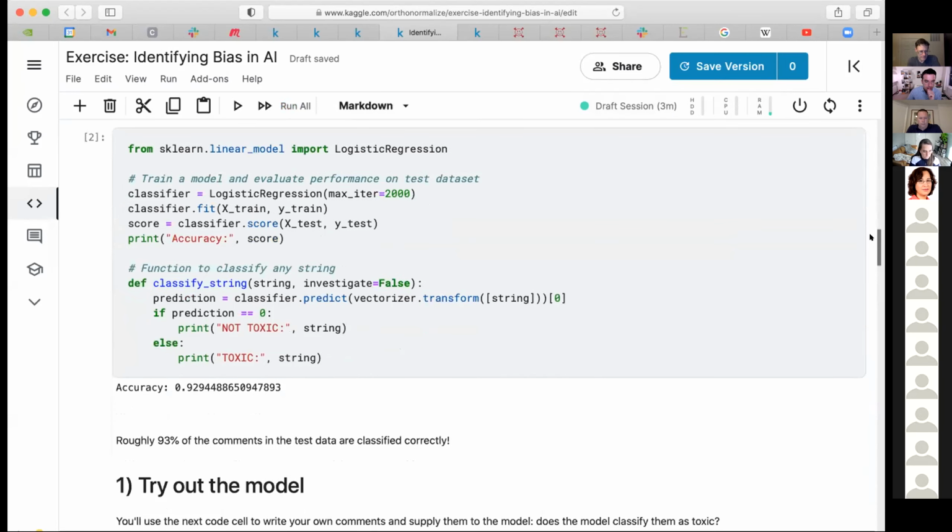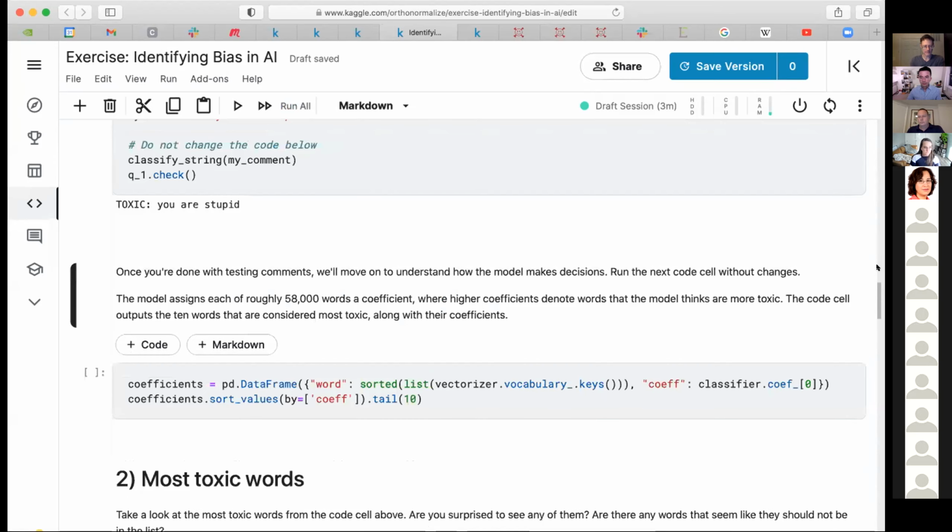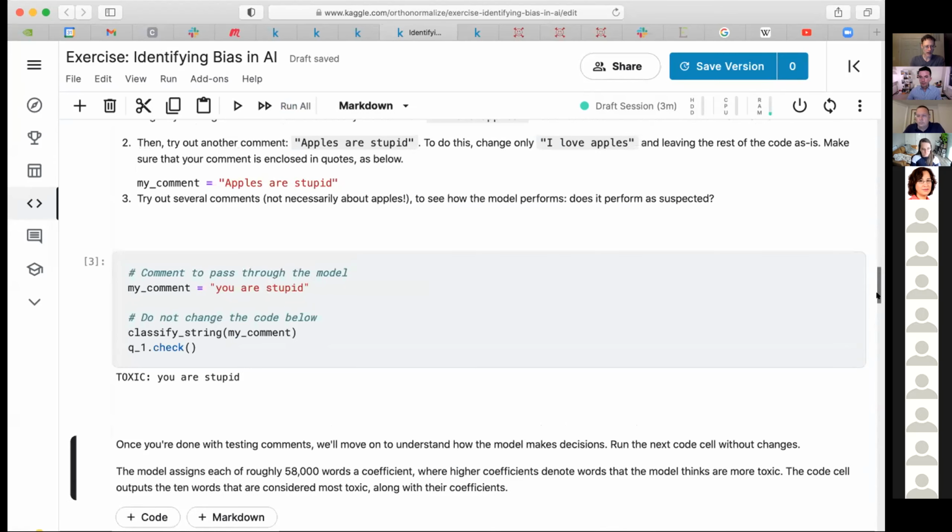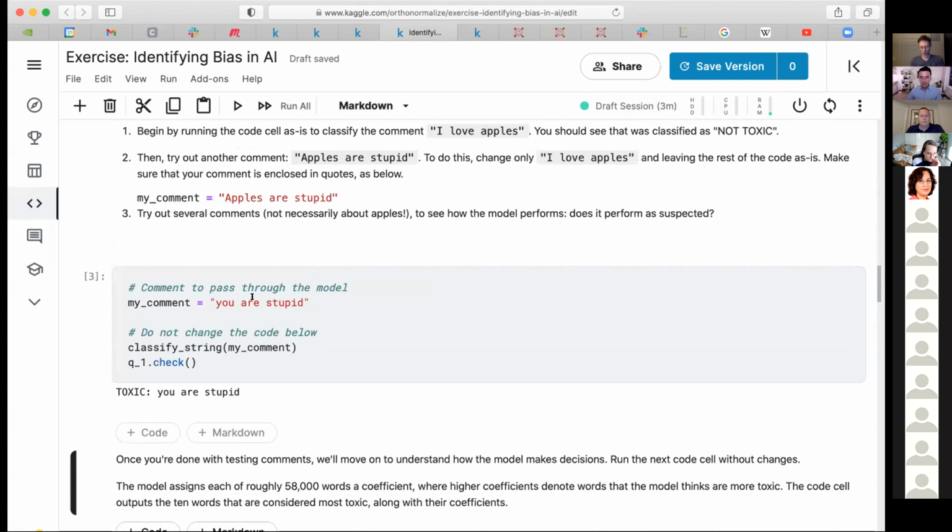And the training is done. 93% of the comments in the test data are classified correctly, or at least they match whatever labels someone put on them. And then you're supposed to try out the model by typing in a variety of sentences here. And it's looking for words, and so if it sees the word stupid in the sentence, it says it's toxic. So it doesn't matter if you use that one or you are not stupid. It's still going to call it toxic just based on the appearance of the word stupid in the comment.